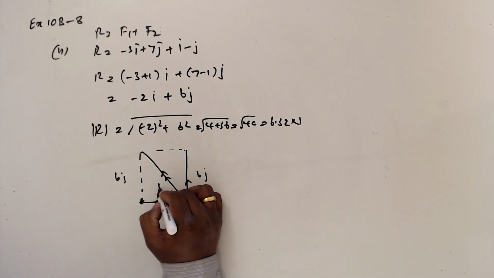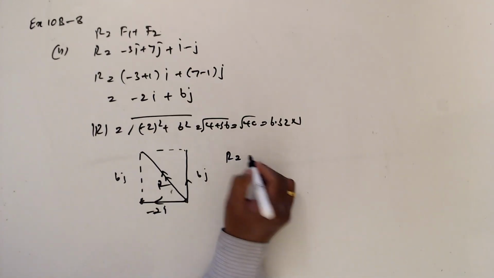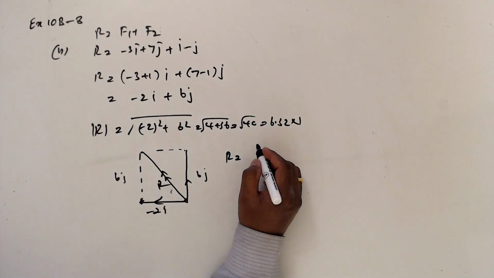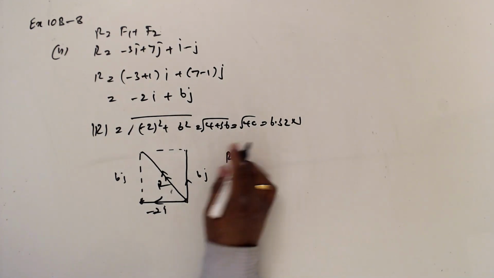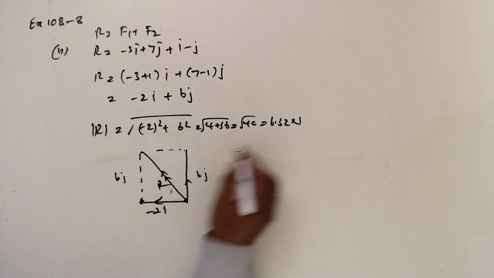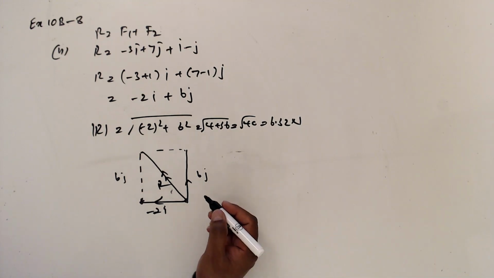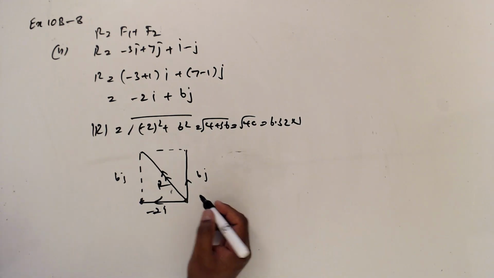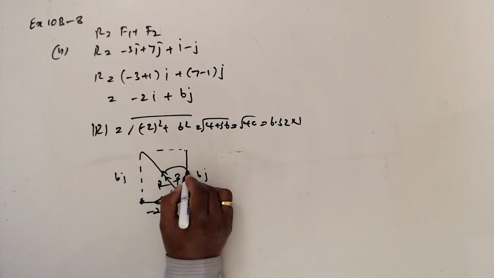So this is R. We need the bearing between the line of action R and the vector G, so we need beta.